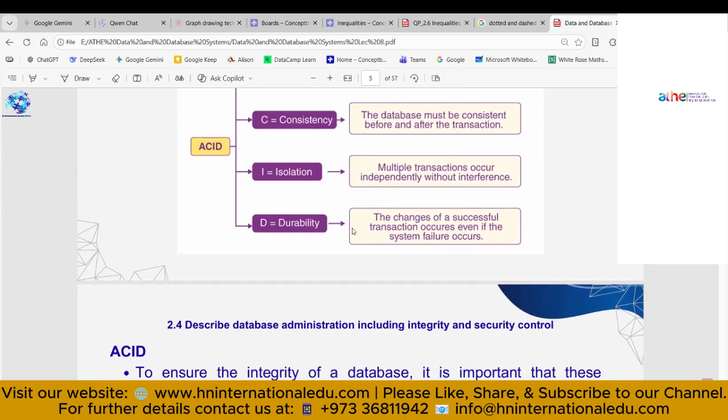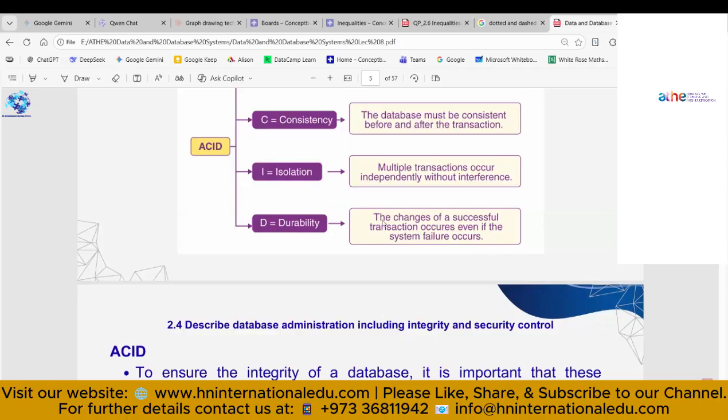Next, we have durability. Durability means that the changes of a successful transaction persist even if a system failure occurs. You can think of it as editing something, and that editing is being saved in real time. At the moment there was a system failure, whatever editing you were doing got stuck because of the failure.